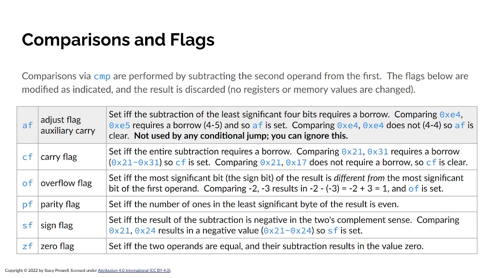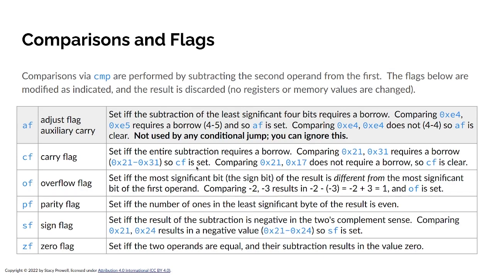The carry flag is set if the entire subtraction required a borrow. So think about comparing hex 21 and hex 31. I'm going to do that comparison by subtracting the second one from the first one. So compare of 21, 31 would subtract 31 from 21. Clearly the second one is larger, so the result is going to be negative, which will require a borrow.